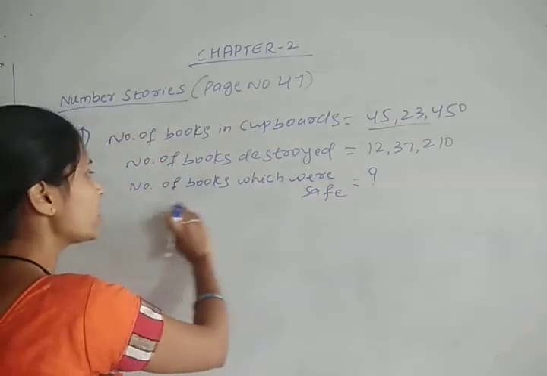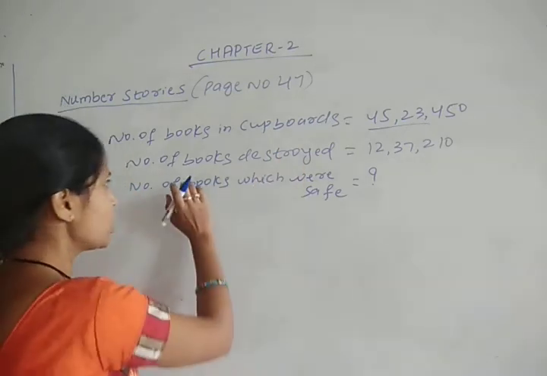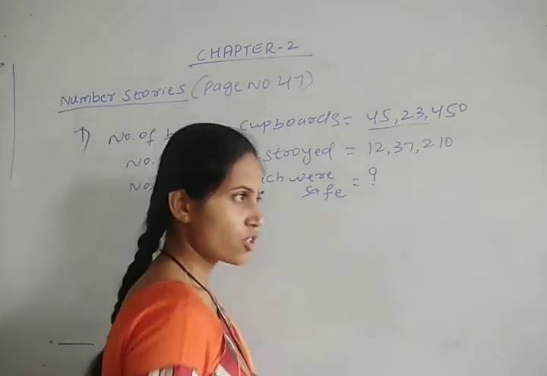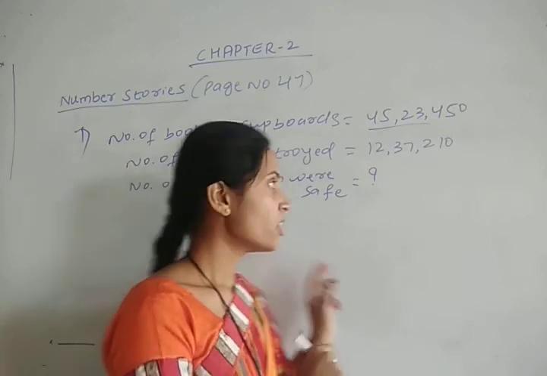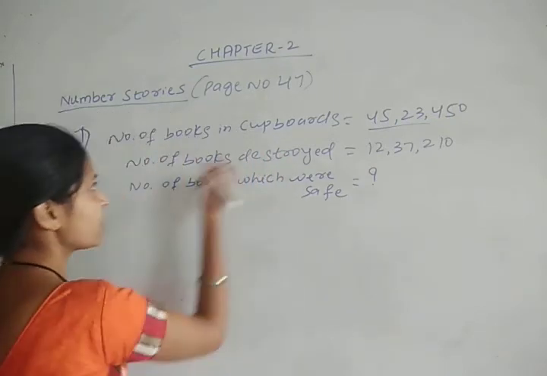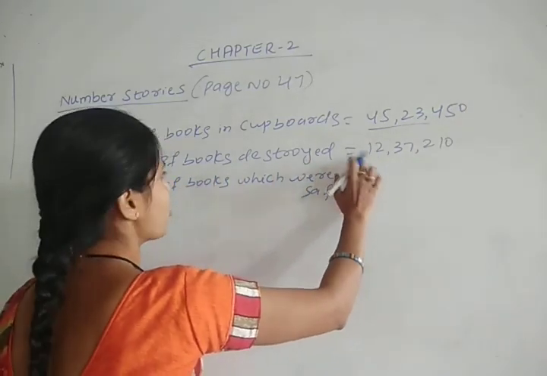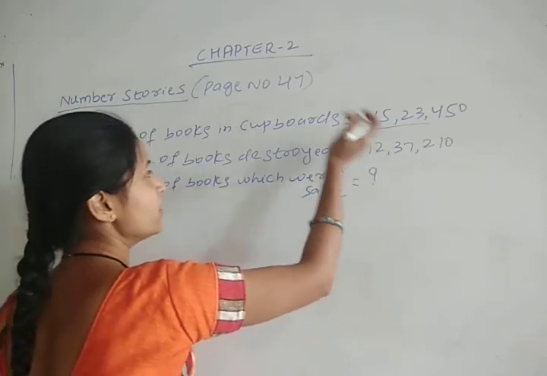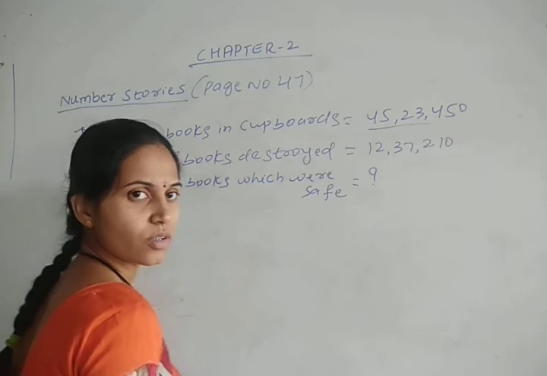To calculate the number of books which were safe, we shall subtract the number of books which were destroyed from the total number of books. Okay, then only we will get the number of books which were safe.